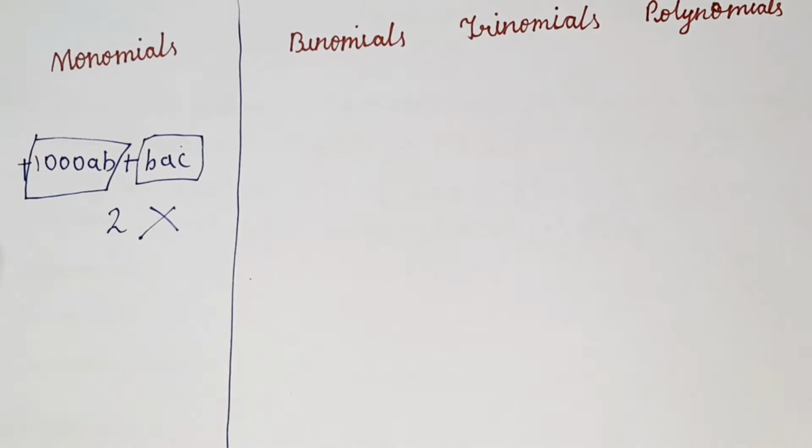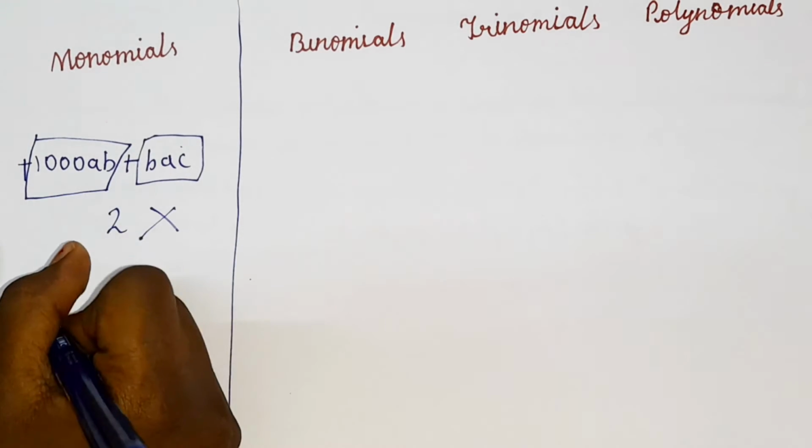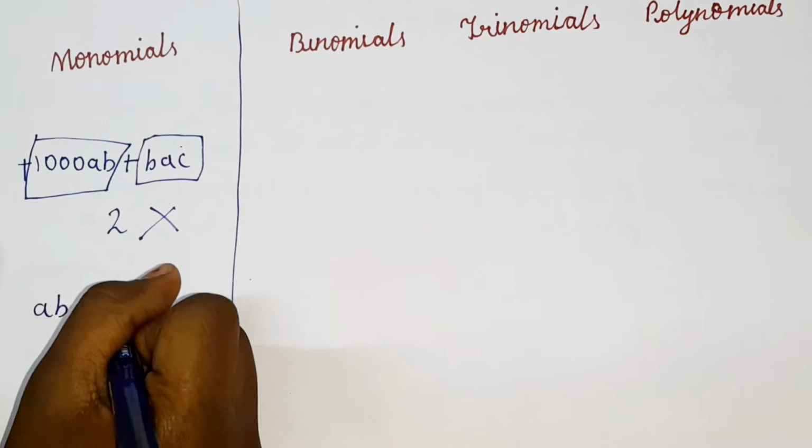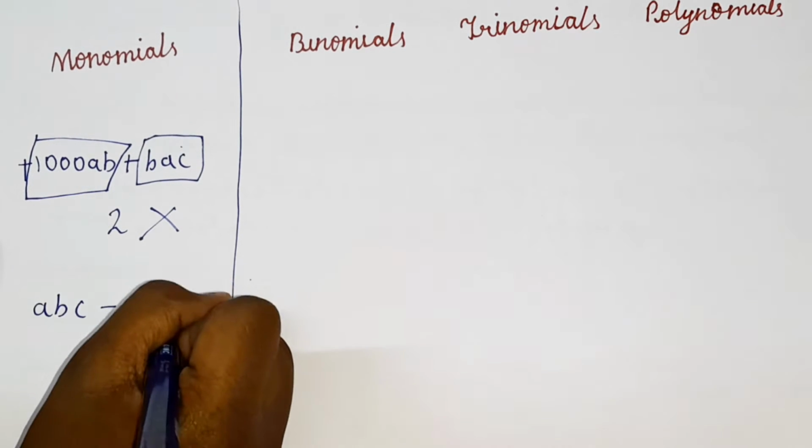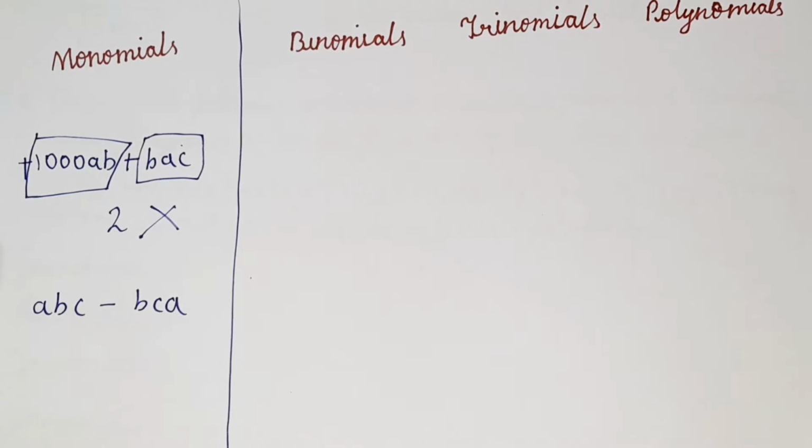So how do we find which is a term? There is a variable ABC minus BCA, okay. If it is like this, how do we get to know how many terms are there in this? Here you guys can see this minus, there is a symbol, right? Minus symbol. Wait, let me mark it.